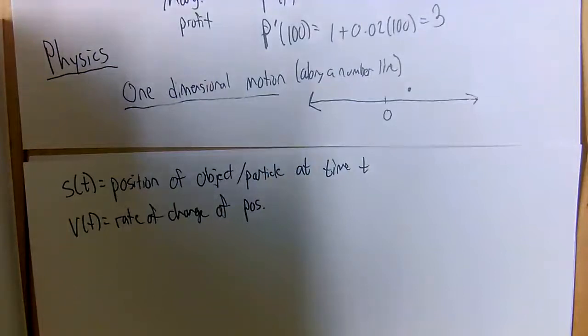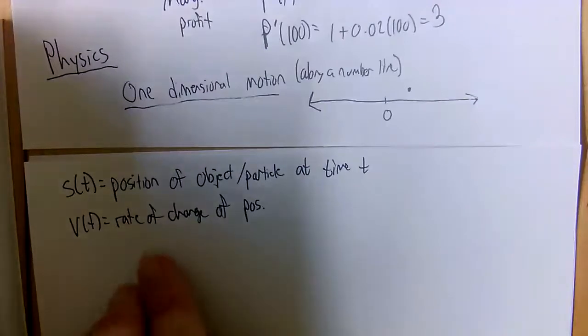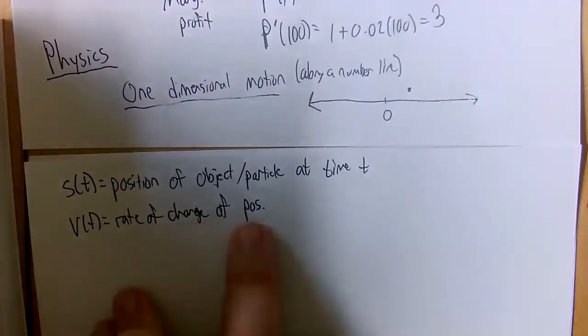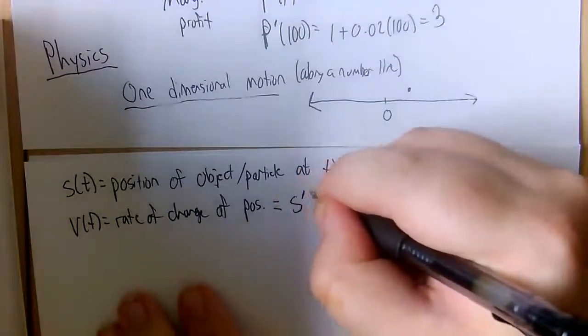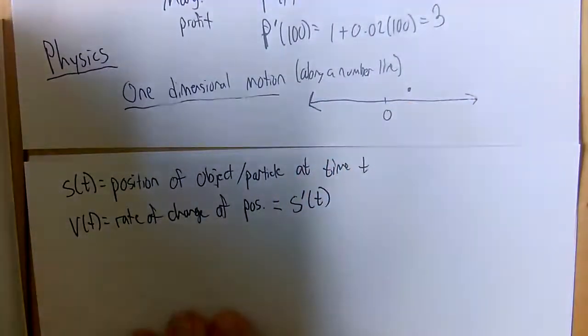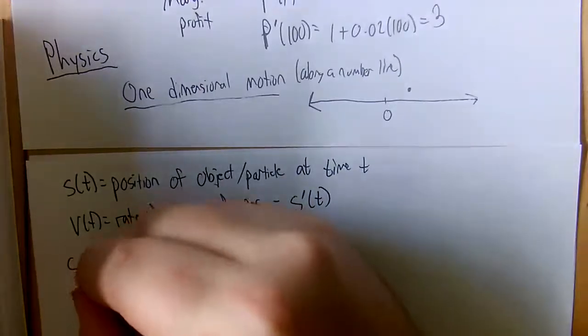Anytime you see the words rate of change, you can probably express something as a derivative. And since this is the rate of change of our position function, that means that v is going to be s prime of t right here. So that's going to be our velocity, or how fast we're moving, is going to be the derivative of our position function here.